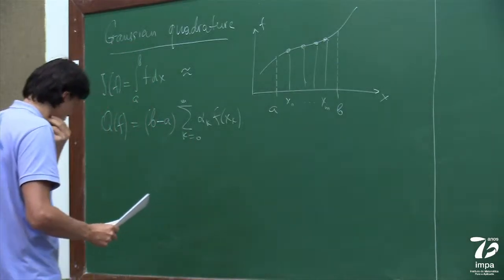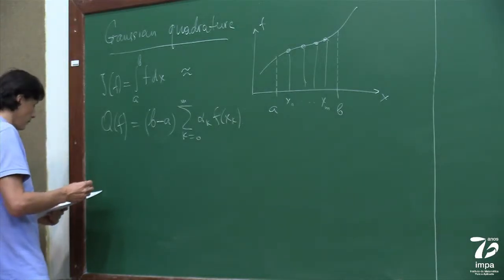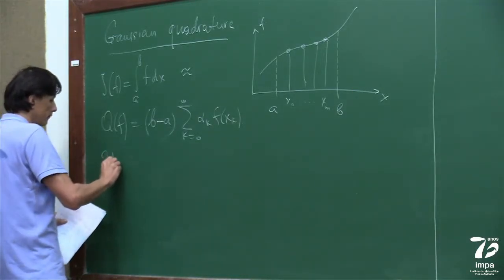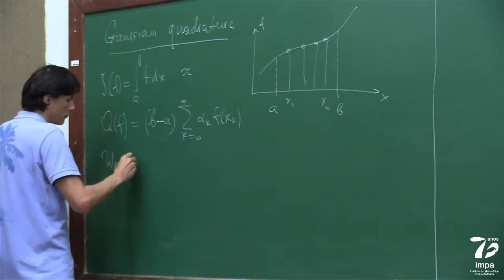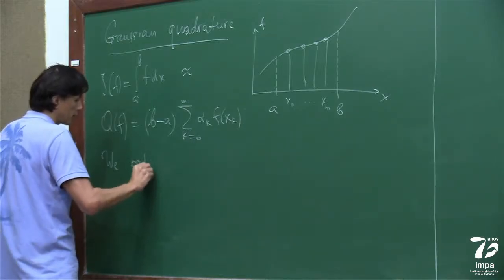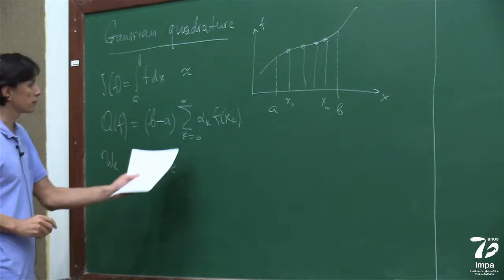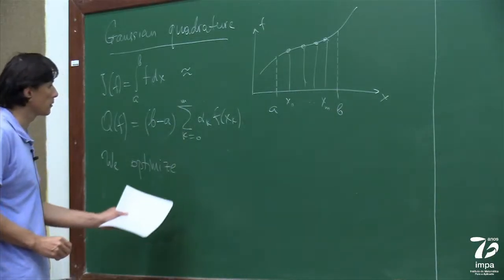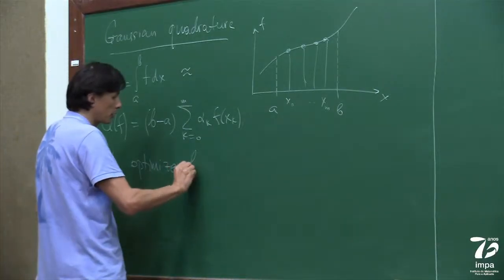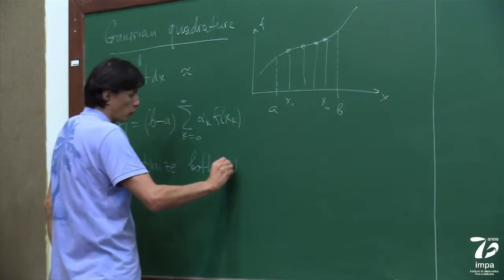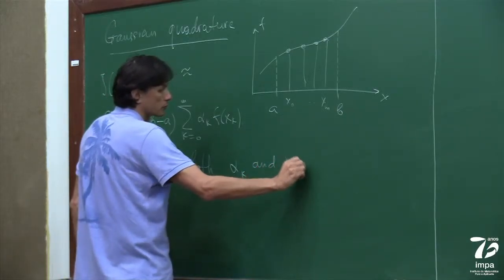But in Gaussian quadrature, we can do better if we now optimize. Last time we optimized just the weights. Now we can optimize both weights and the position of the points.